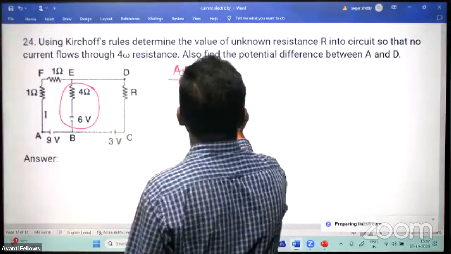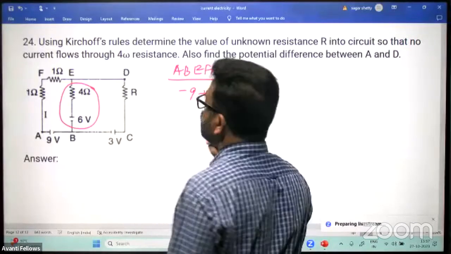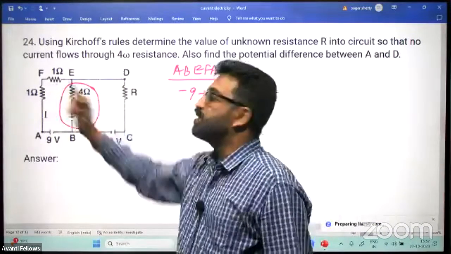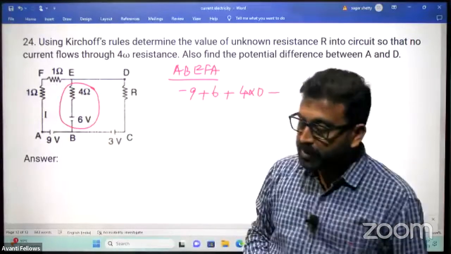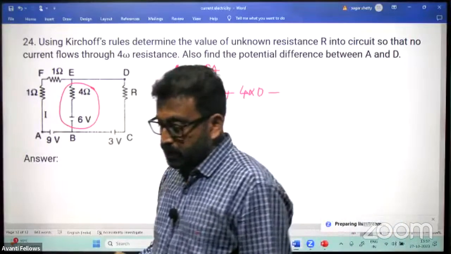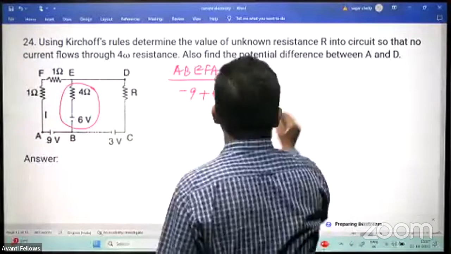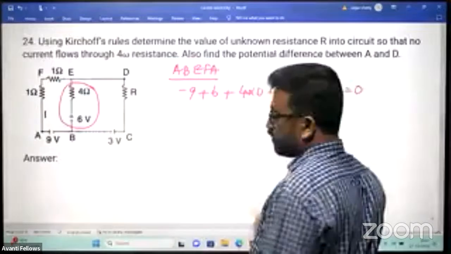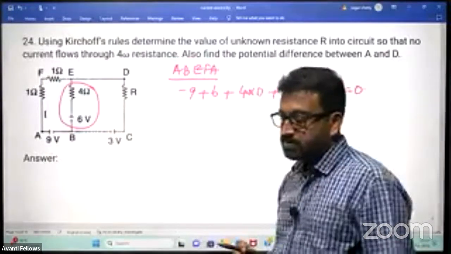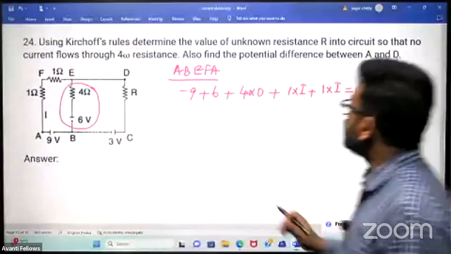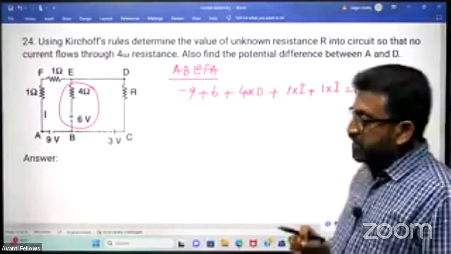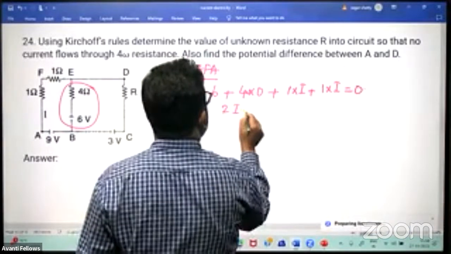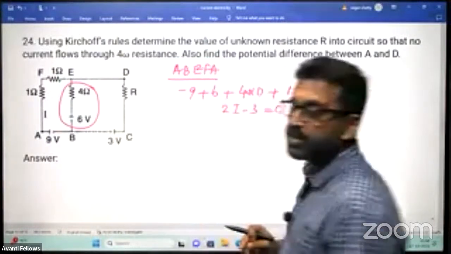That 4 ohm, there is no current now, so 4 into 0, plus the two resistors, 1 ohm and 1 ohm, that we have to accommodate. The current through that one is I. So 1 into I plus 1 into I. Minus 9 plus 6 is minus 3. This is 2I. So this equation reduces to 2I minus 3 equals 0.